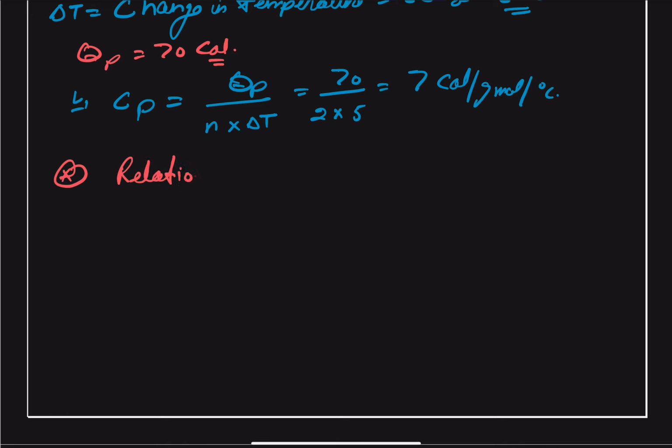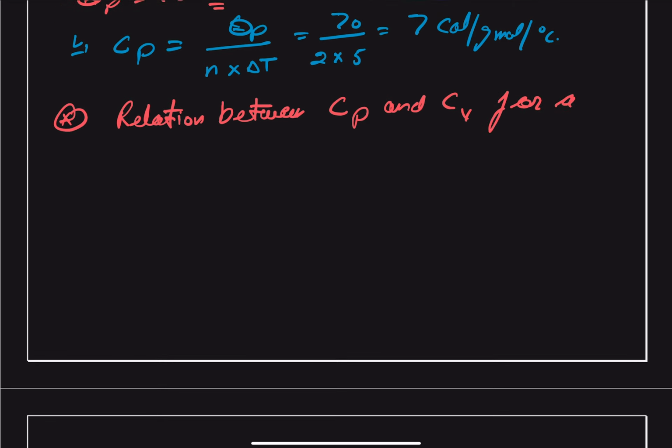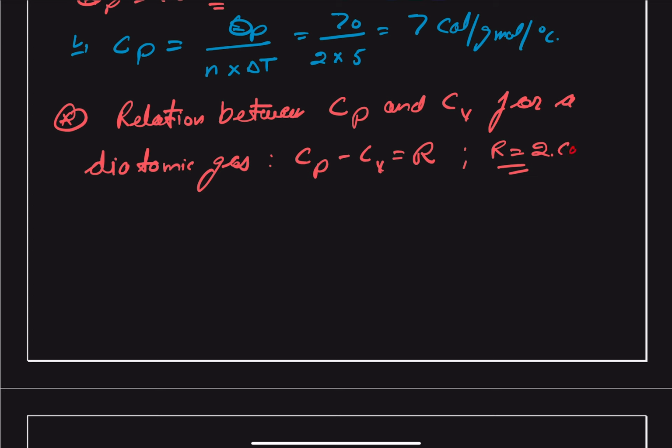We can write that Cp minus Cv is equal to R, and the value of R will be equal to 2 calorie per mole per centigrade.